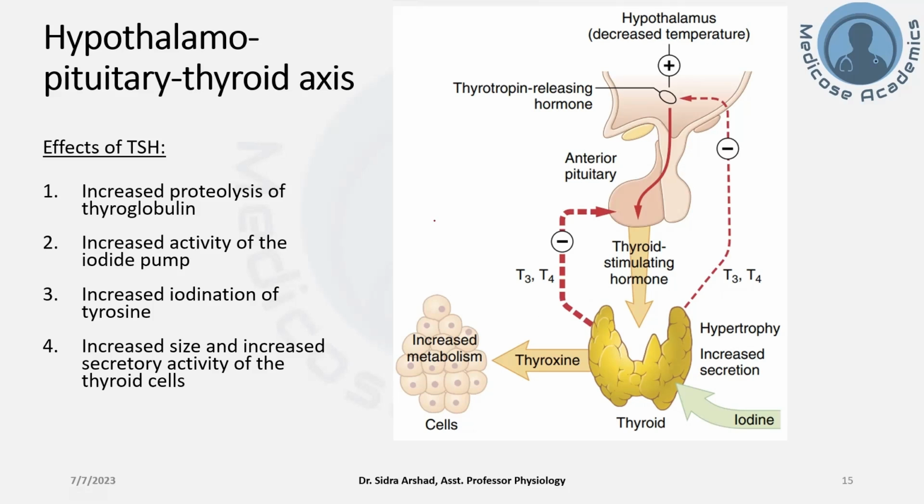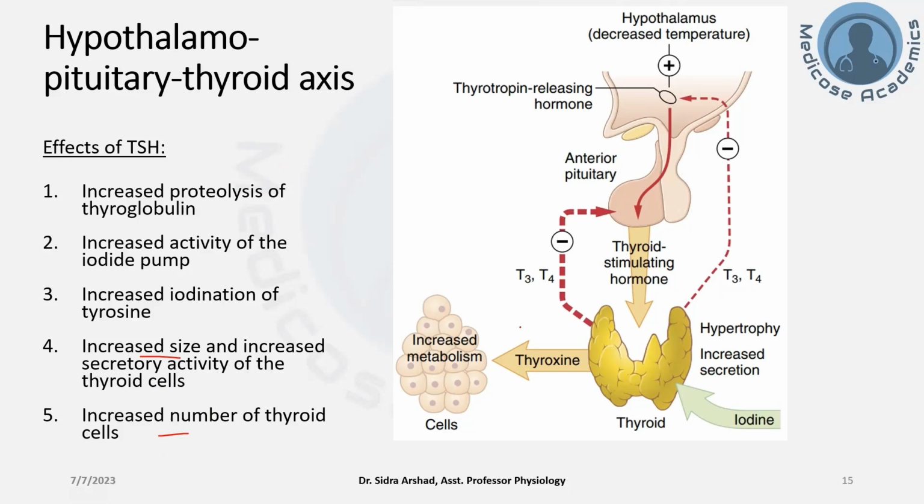So you can see they are increasing almost all the aspects of thyroid hormone synthesis. This increase in size, we are going to see the significance of that when we discuss the disorders shortly. They also increase the number of thyroid cells. So almost all aspects of thyroid hormone synthesis are facilitated or increased by TSH.